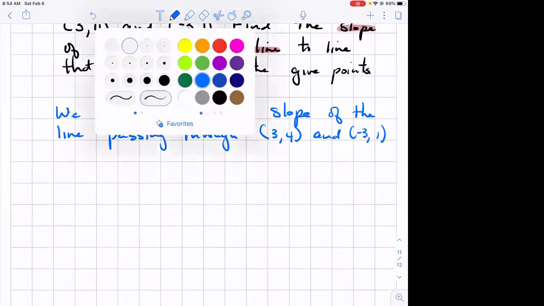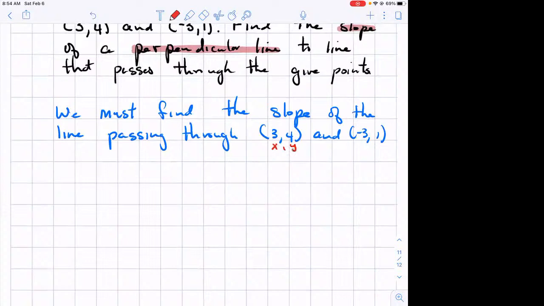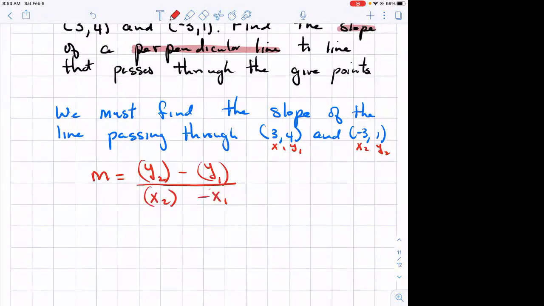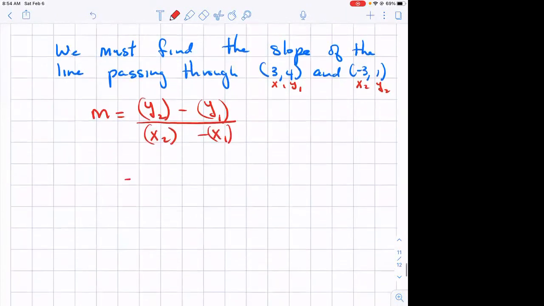So let's identify x1, y1, x2, y2, and we know that the formula is y2 minus y1 divided by x2 minus x1. So m is equal to y2 minus y1 over x2 minus x1. Instead of y2, I have a 1.